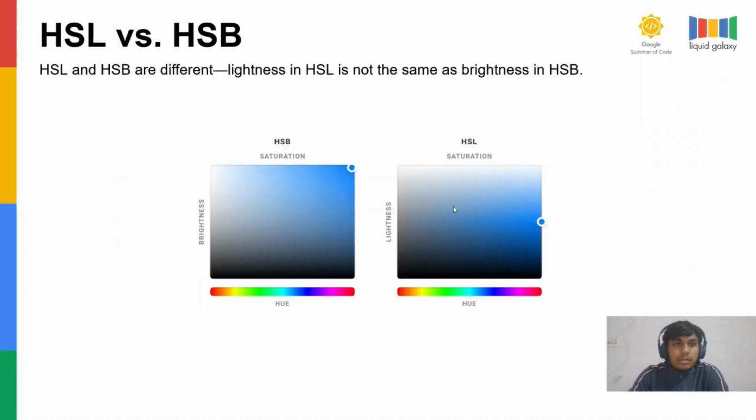Now moving on, we have yet another color grid, which is hue, saturation, and brightness. So the difference here is basically between lightness and brightness, but they are both different. As you can see right here, the same color which appears here has a rather different position when it comes to HSL.